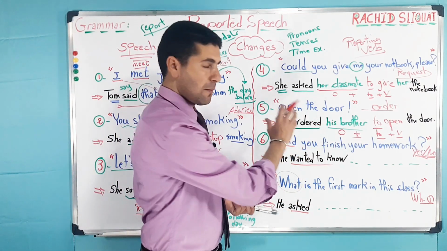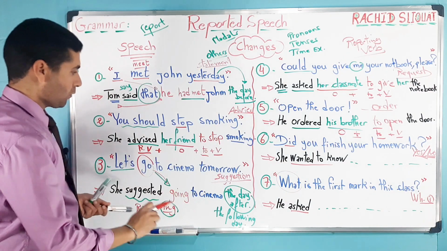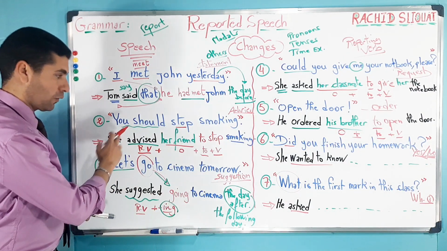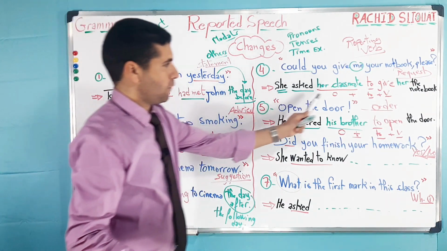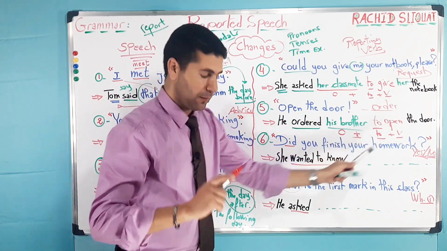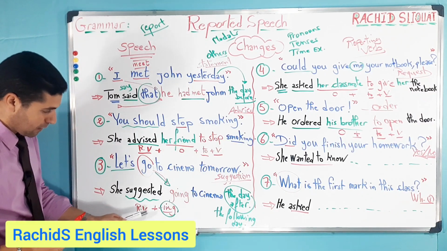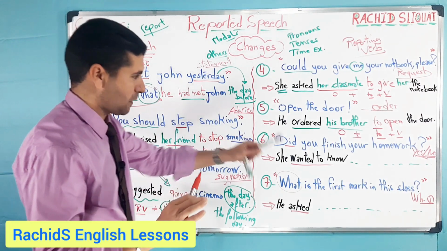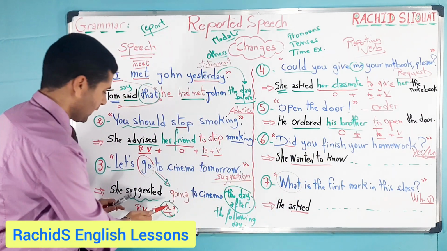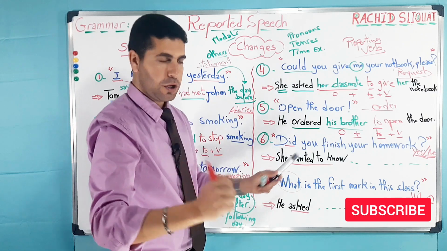So this is the same way as reporting the request and also reporting the advice. Object to plus verb. Here we have object to plus verb, and here we have object to plus verb, not like the suggestion, reporting verb plus ing, not to plus verb. And in suggestion, we don't have the object. No need for the object.